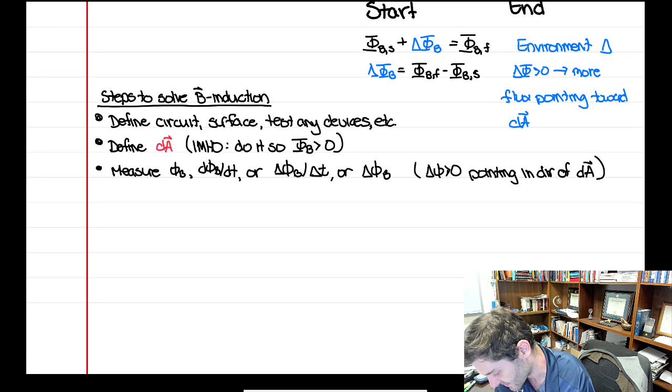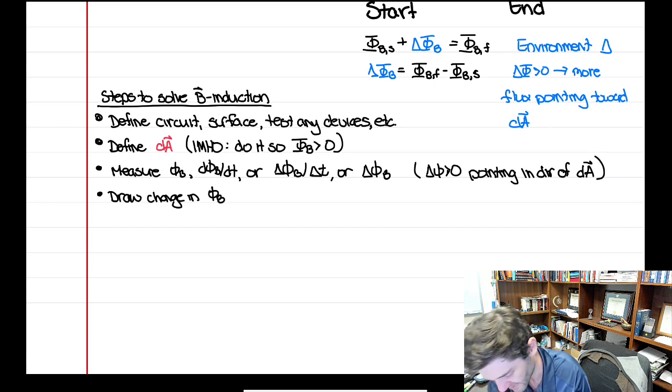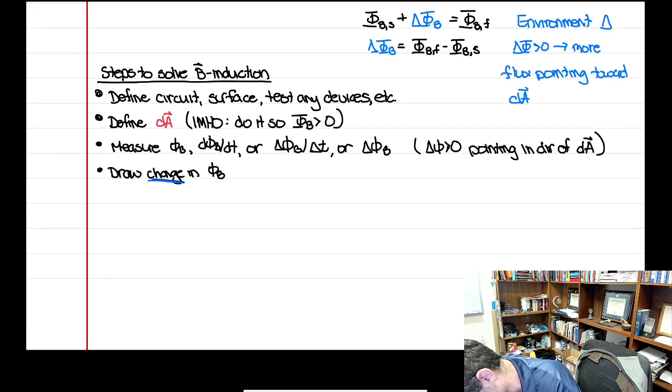So you've made your measurements, you've calculated your deltas or your time derivatives. You can then draw, perhaps, the change in the magnetic flux. Visualize it somehow. Maybe there's more field lines, maybe there's less field lines. So with the emphasis being here on the change that you're identifying. I guess I can use light blue. Draw the change in the flux, and then what do we decide on?